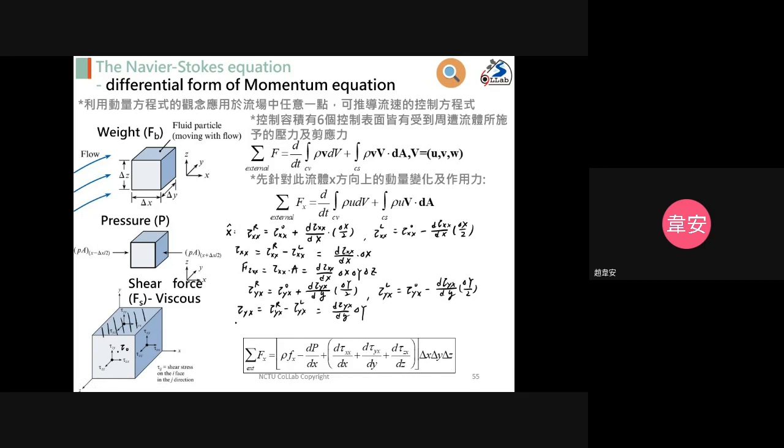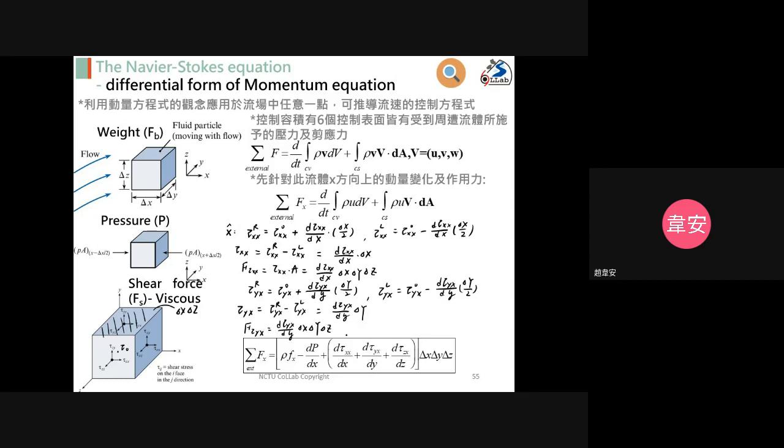So in that case, our area of the surface is delta x multiplied by delta z. Okay, this is our area. So we know that F tau yx is related to the d tau yx dy multiplied by delta x, delta y, and delta z.